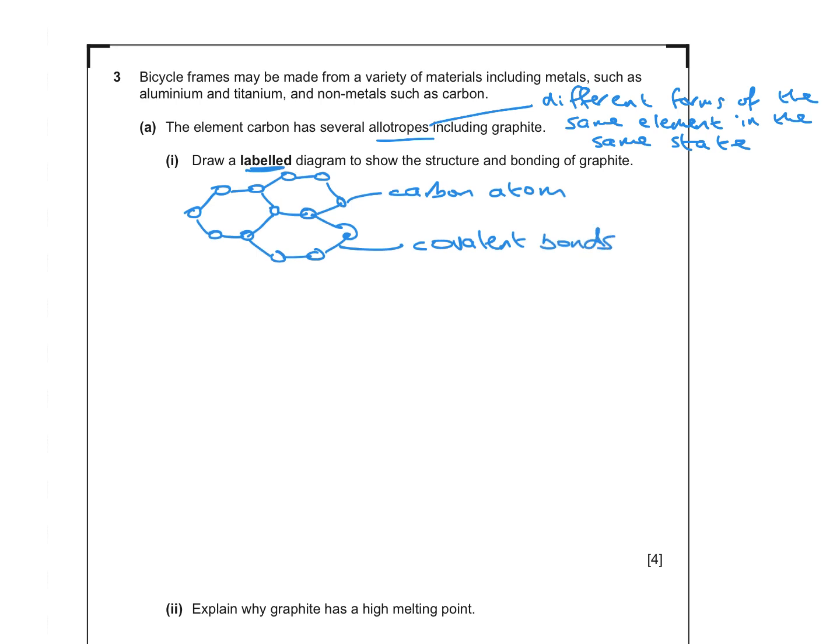I've got to show another layer. Now that would do. I'm just going to put in another hexagonal ring. Now there are weak forces of attraction between those layers, which is why the layers can slide over each other. And those are known as van der Waals forces.